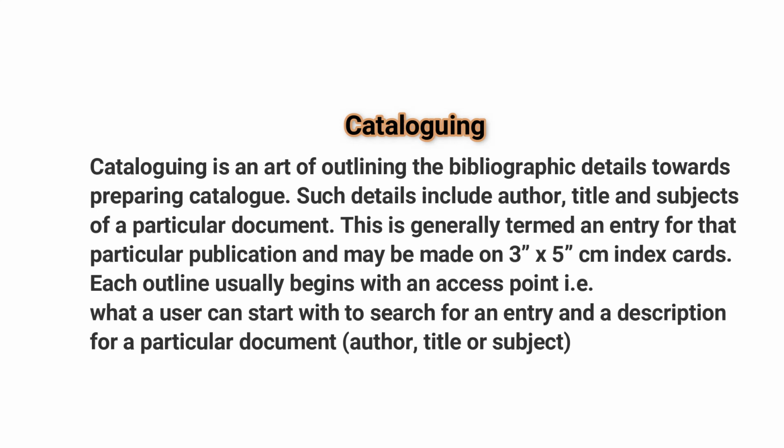Each outline usually begins with an access point, that is, what a user can start with to search for an entry, and a description for a particular document, author, title, or subject.